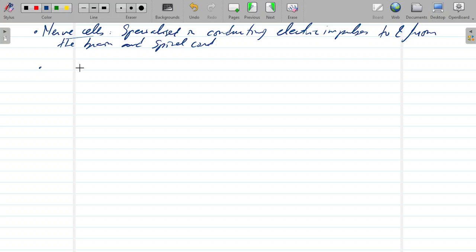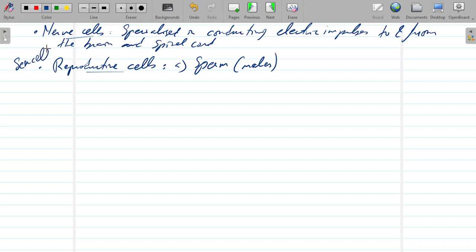Then you have your reproductive cells. You have what are called sperm cells in the males, and the reproductive cells are also called the sex cells.